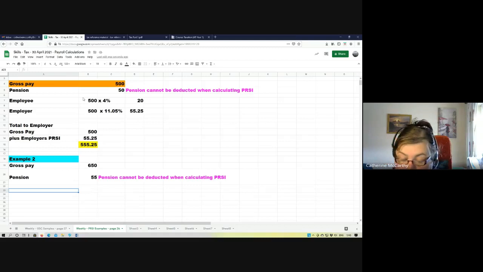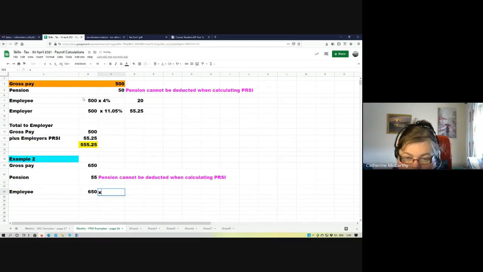So we will have our gross pay, our employee's PRSI is 650 by 4%, and that is €26 for the employee.